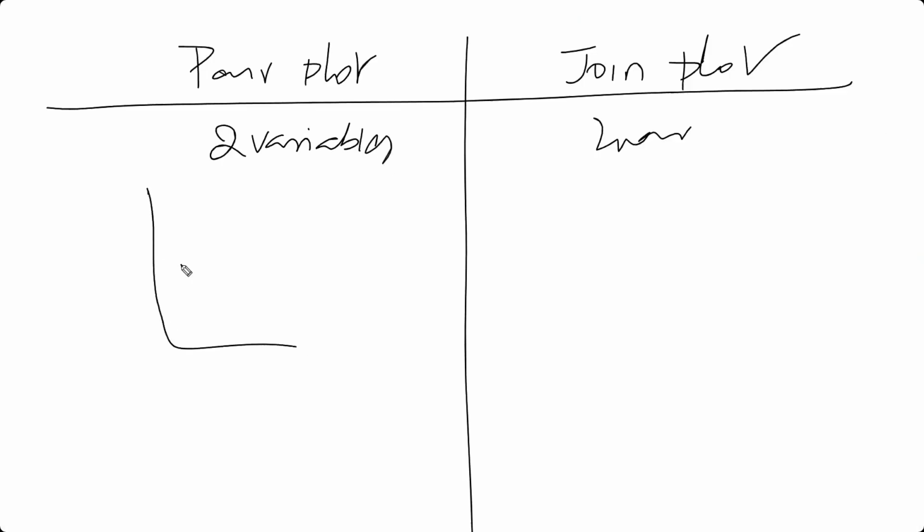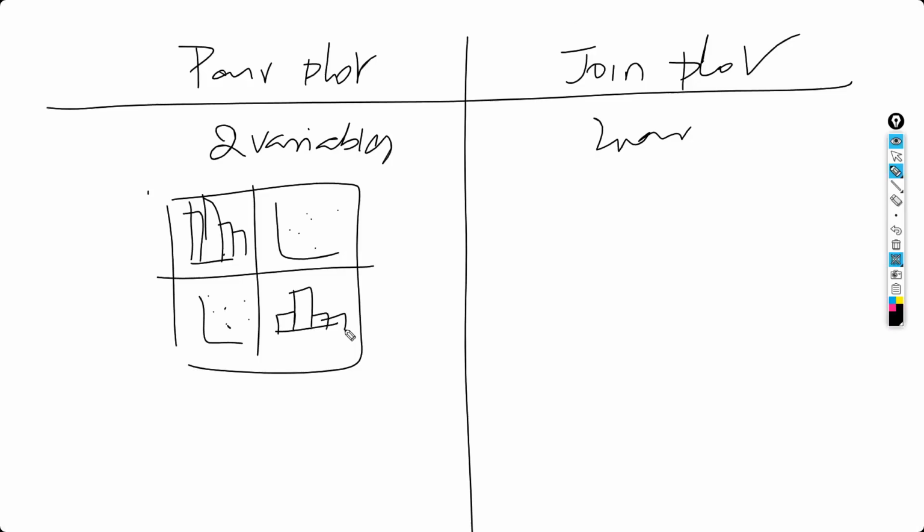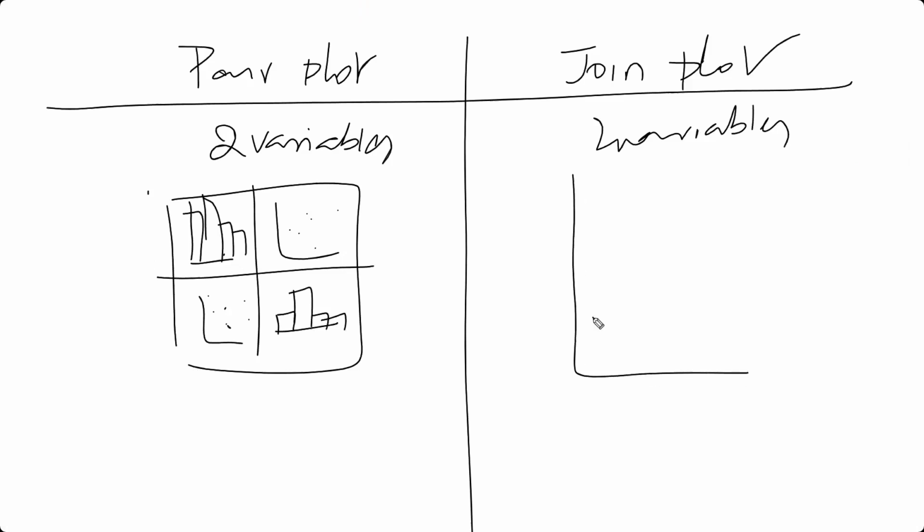If two variables are there, how will the pair plot look? The pair plot is going to be 2 by 2, with histogram, scatter plot, again histogram, and the scatter plot. Now for exactly two variables, how will the joint plot look? With one scatter plot and two histograms on the top and side.